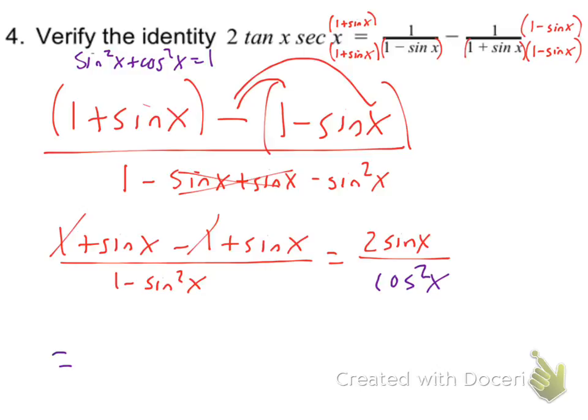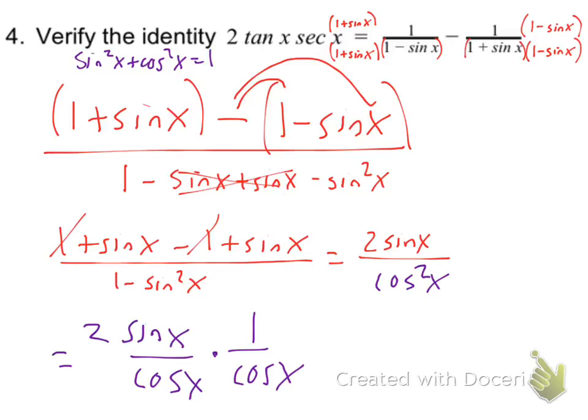Would you guys be okay with me saying, hey, that's 2 sine of x over cosine x times 1 over cosine? Really, if I want, I could put this as 2 over 1. How do you multiply fractions, guys?